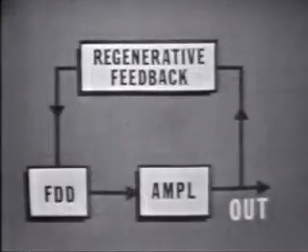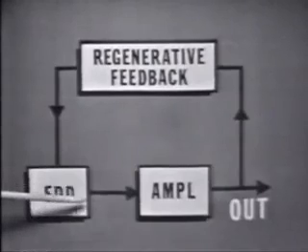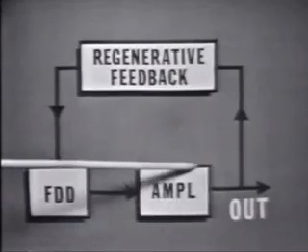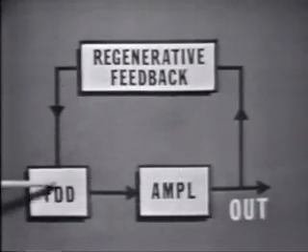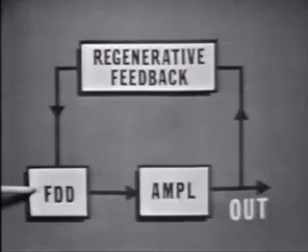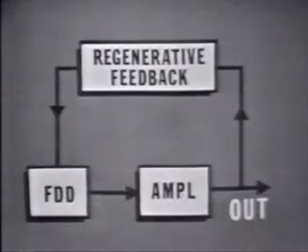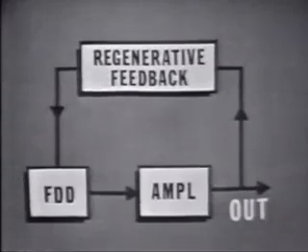Now, the way this is usually accomplished is through an amplifier. The frequency determining device provides an input to the amplifier. The amplifier must provide enough gain so that part of the output can be fed back to the input LC circuit to sustain oscillations, and of course provide enough signal for an output. Now, the energy must be fed back in phase or regenerative.